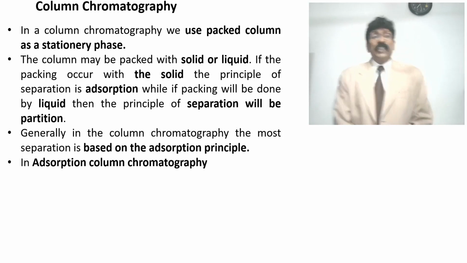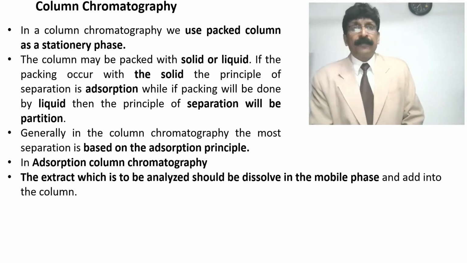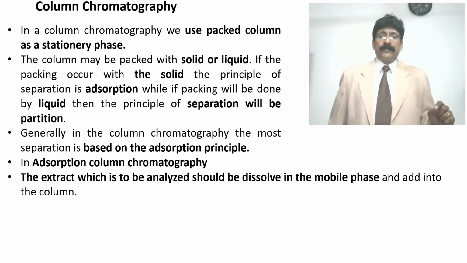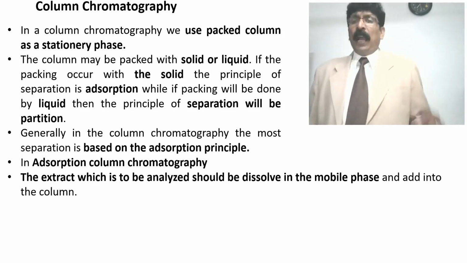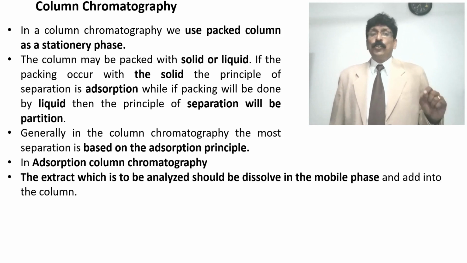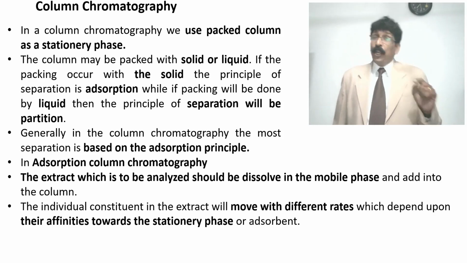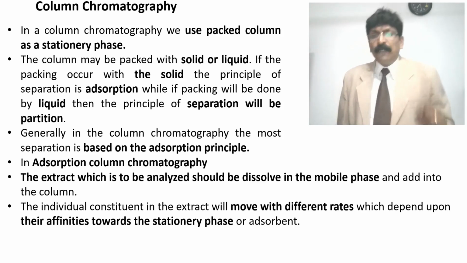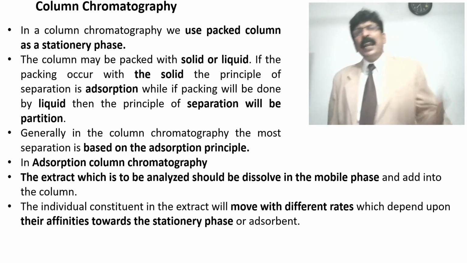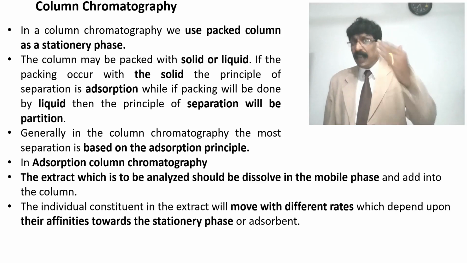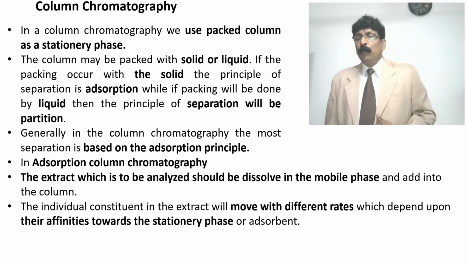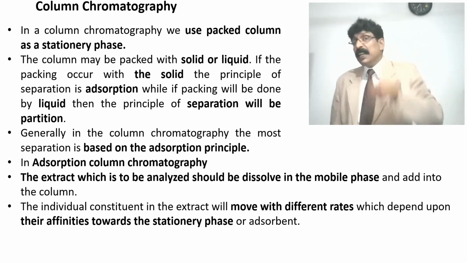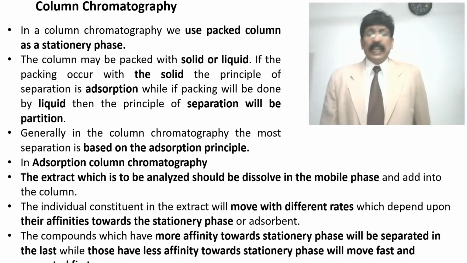In adsorption column chromatography, the extract to be analyzed should be dissolved in the mobile phase and added into the column. The individual constituents in the extract will move with different rates according to their affinities towards the stationary phase, or the adsorbent which you selected.